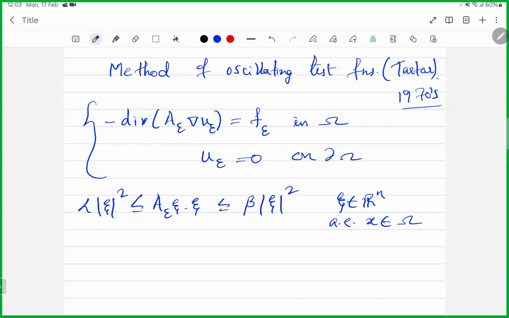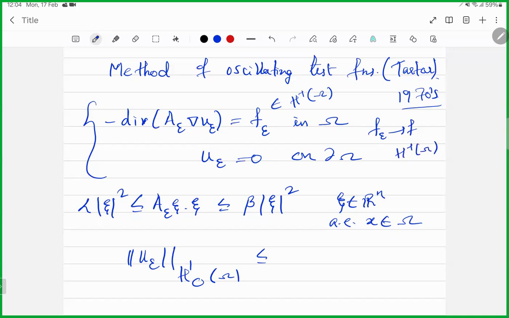A epsilon is, this is for all xi in R^n and almost everywhere x in omega. I'm assuming that we all know that there is a weak formulation and we have this estimate on the solution in H^1_0, if I'm assuming F epsilons are strongly converging in H^-1.